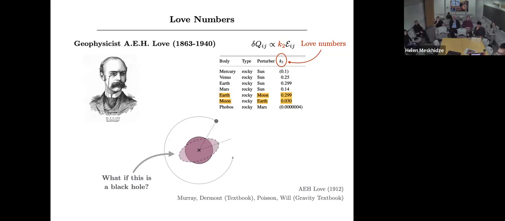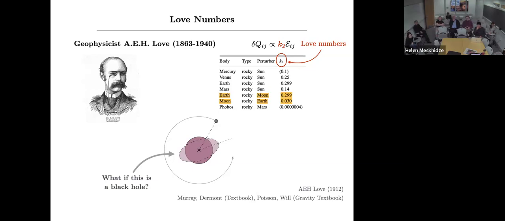Here's a table which I extracted from a classic astrophysics textbook, which shows what the Love numbers are for various celestial bodies, in this case all of them in the solar system, subject to a given perturber. And you see that the Love numbers are all different.